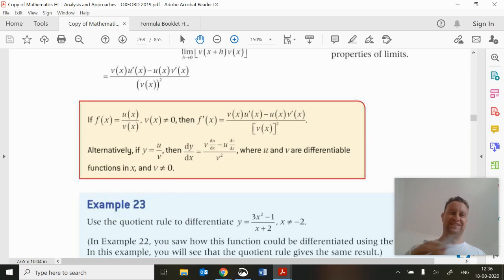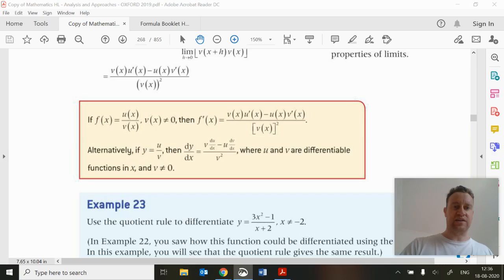But in fact, it says alternatively, you can write it like this. You can say, look, v du/dx minus u dv/dx all over v squared. Now, that's fine. You can write it like that. But personally, I would write it as v u dash minus u v dash divided by v squared.